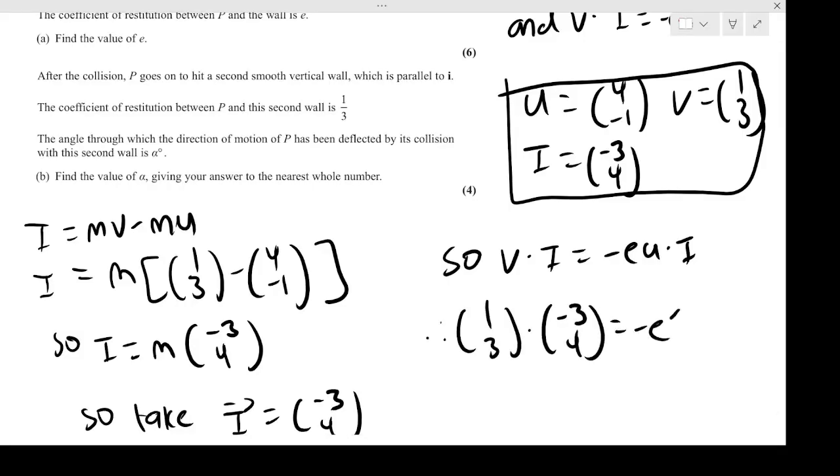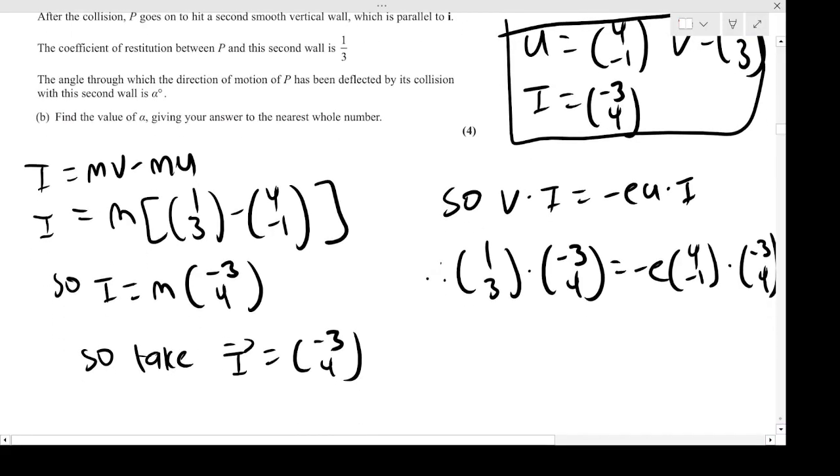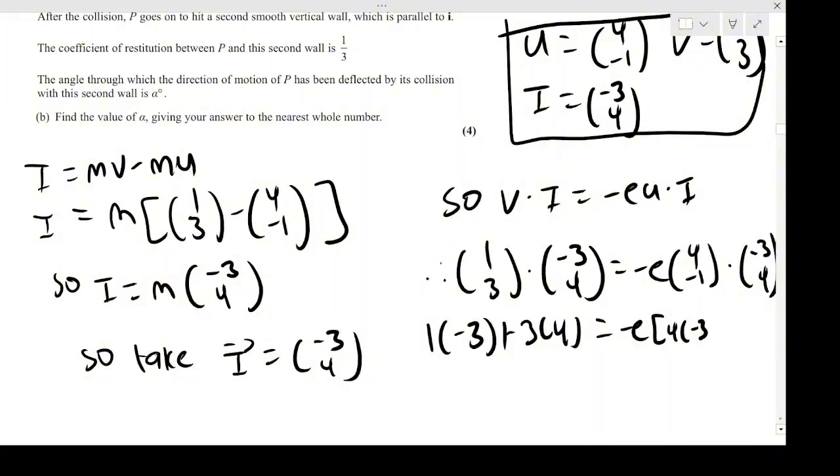That's going to be minus e lots of u, which is (4, -1), dotted with I, which is (-3, 4). Then we just need to work out the dot products, fairly straightforward. So it's going to be 1 lots of minus 3, add up 3 lots of 4. It's going to be minus e lots of 4 lots of minus 3 minus 1 lots of 4.